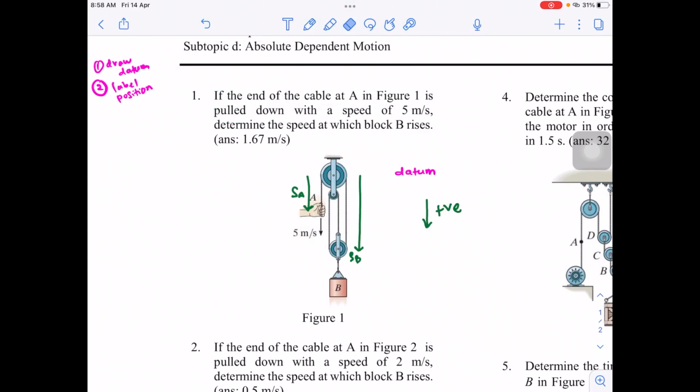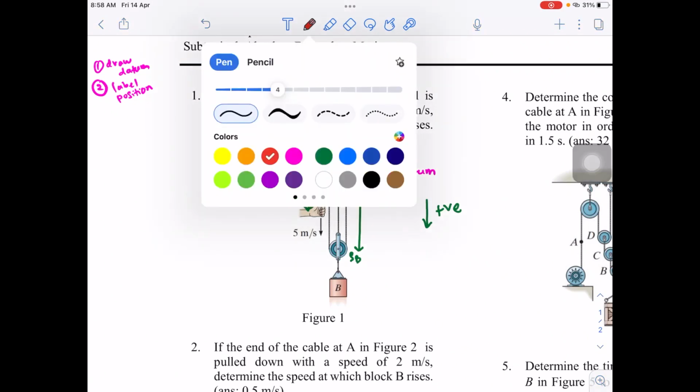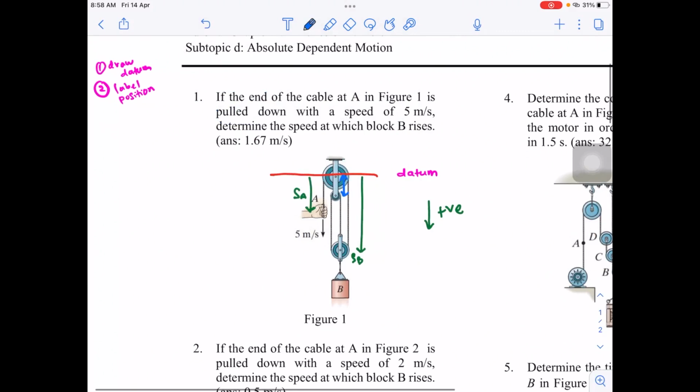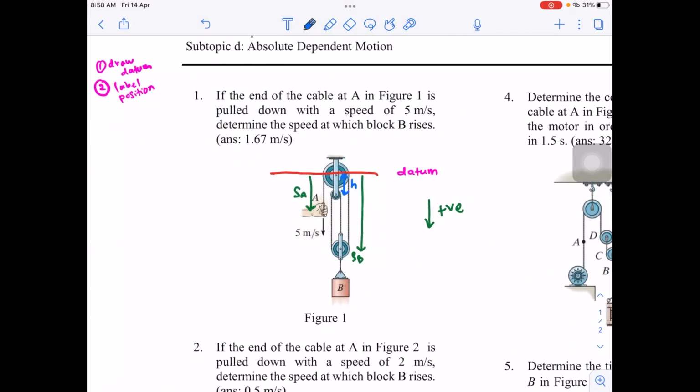Tak berubah means kalau kita tarik, kalau B ni turun, distance antara dua ni sama saja. Okay, sama saja. So kita boleh labelkan dengan any words lah. Label saja. Ini adalah, let's say, jangan tulis S nanti confuse. Tulis saja sebagai A ataupun H. H. Distance tu tak berubah, itu sebagai H. Okay.